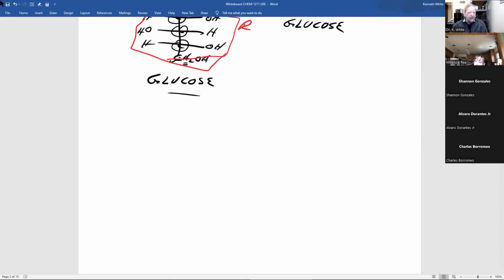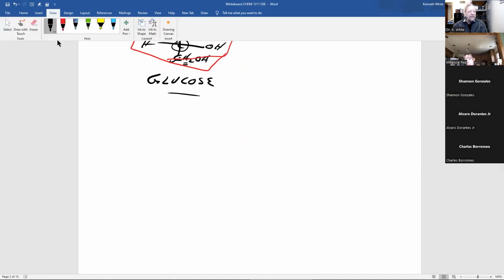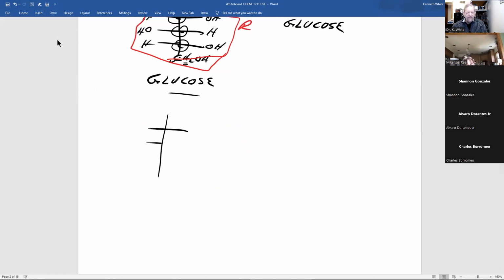Oh, let's do one more. And why don't you circle the chiral carbons of this new molecule I just made up? I don't even know if it has a name. Probably doesn't.